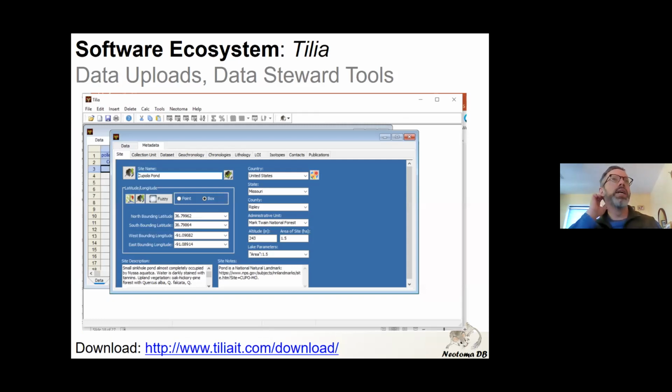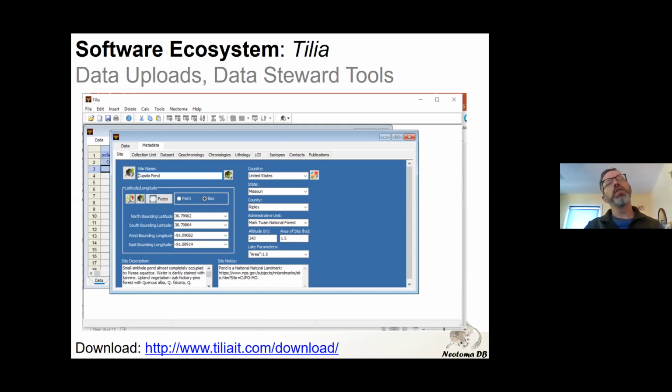And then Tilia. Tilia is this Windows-based package for looking at the data and metadata. It's very site-based, so you can go a site at a time, and you can look in great detail at the metadata for that site and the data for that site. You can download data from Neotoma into Tilia and look at what you've got, and do maybe some edits to it if you're a steward, and then you can push data up to Neotoma. There are a couple of different versions of Tilia out there.